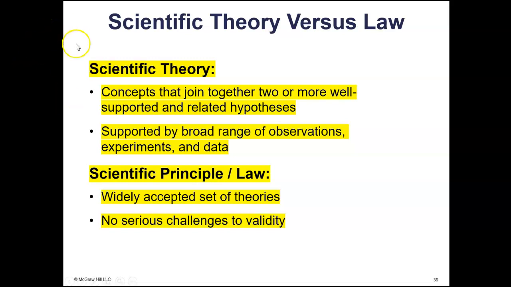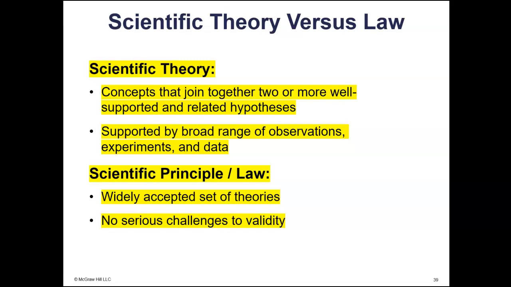Scientific theories are defined as concepts that join together two or more well-supported and related hypotheses. A theory is supported by a broad range of observations, experiments, and data. So it's not as strong as a scientific law, but it is considered a fact when we are teaching science and when we are doing research and developing technology.